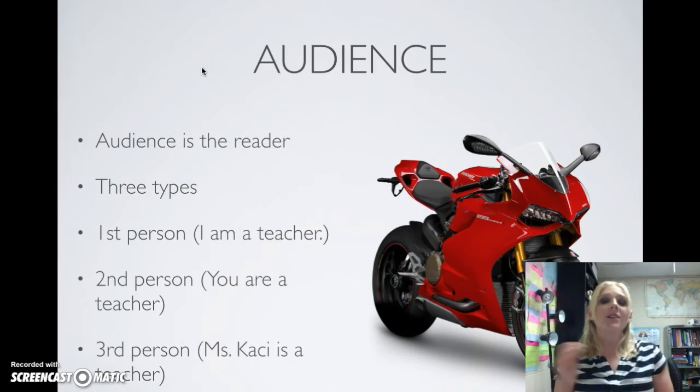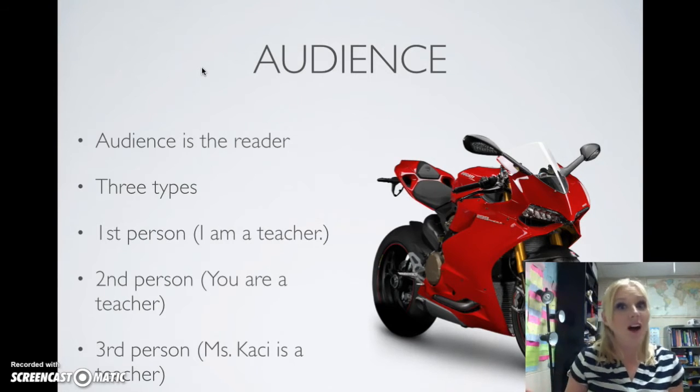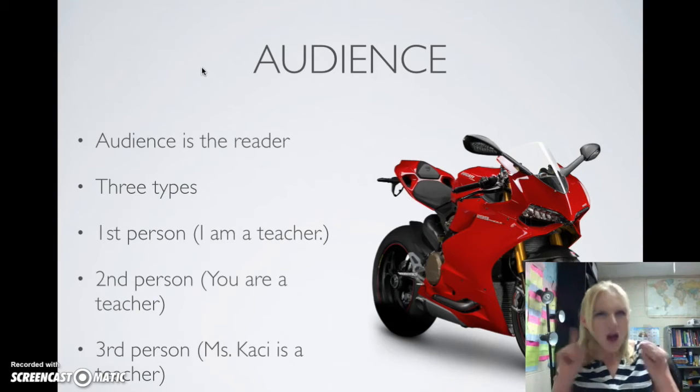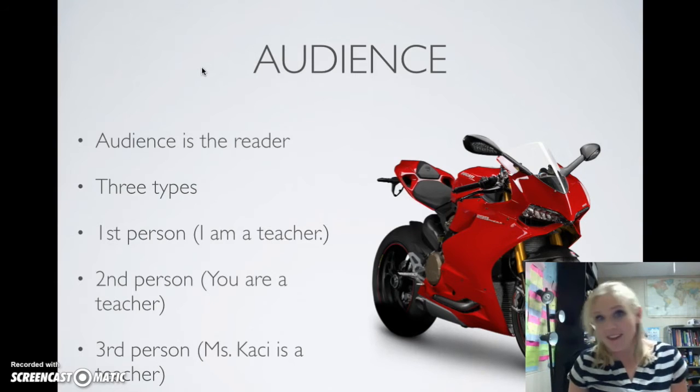So to write in third person where you're writing about yourself, it may sound a little strange, but actually third person is the audience most often used in academic writing. So it's really important to recognize that third person because you will use it more often at the university.